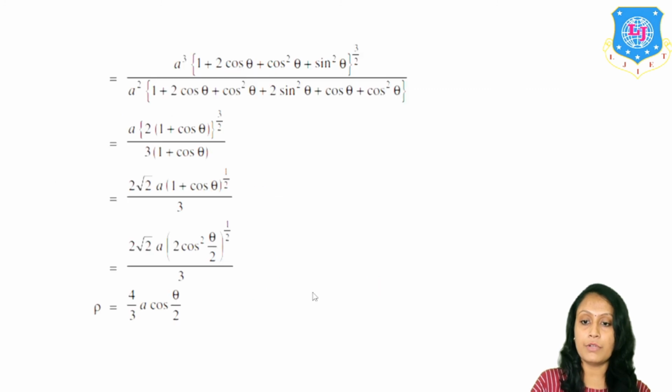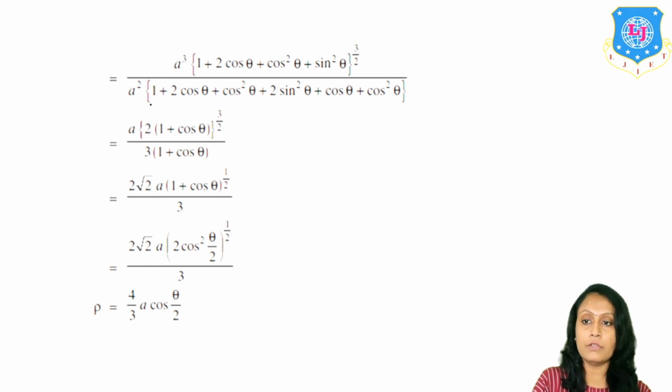Now we'll expand the brackets. From here we'll take out common, so here you will get a cube, and here (1 plus 2 cos theta plus cos square theta plus sin square theta) whole raised to 3 by 2.